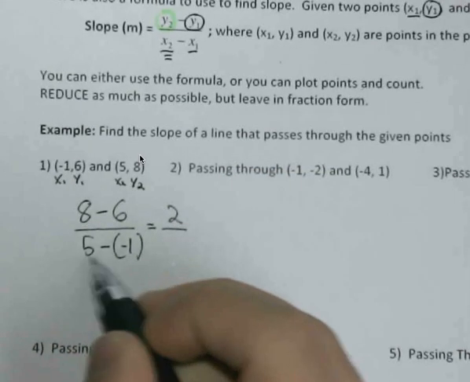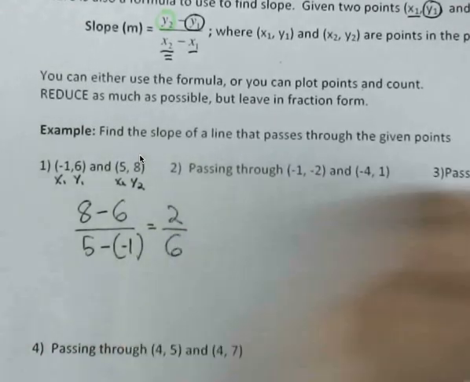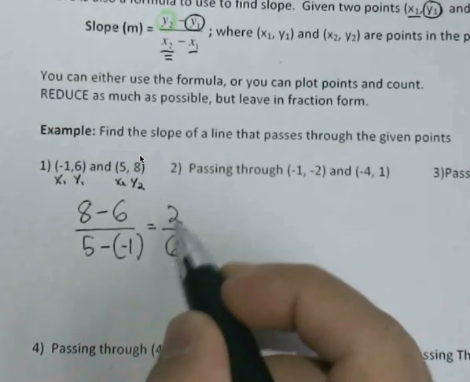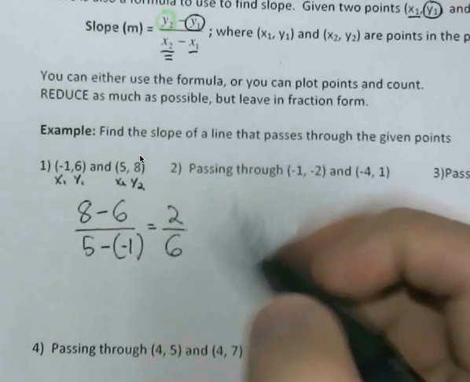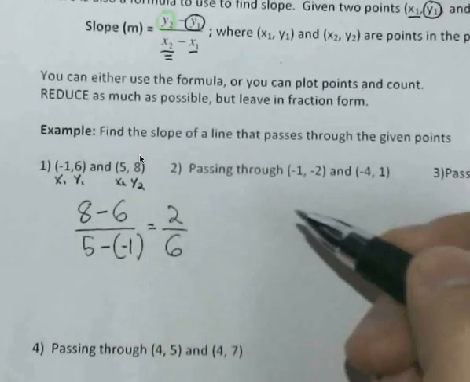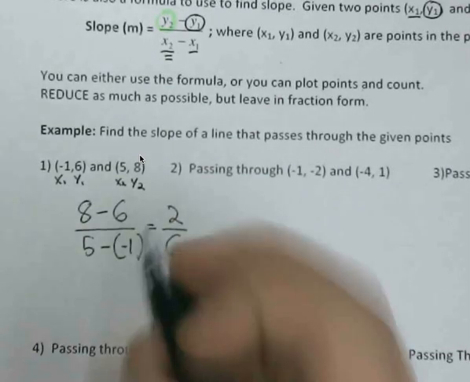If we have 5 and we're subtracting -1, we can think of that as 6. Keep in mind positive 6. 2 over 6, can you simplify this further? Do these have common factors that we can simplify? You should be saying 1/3.